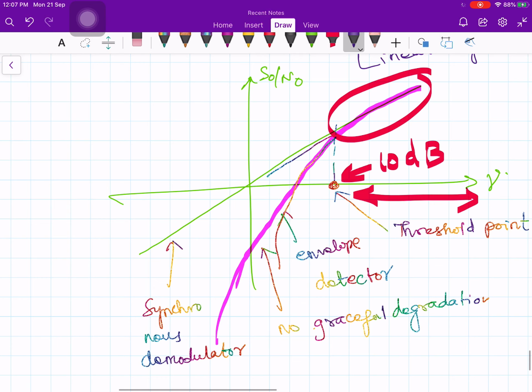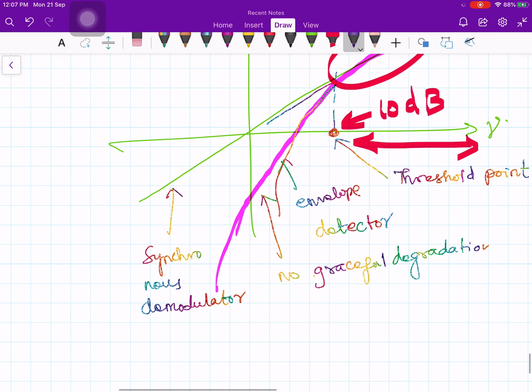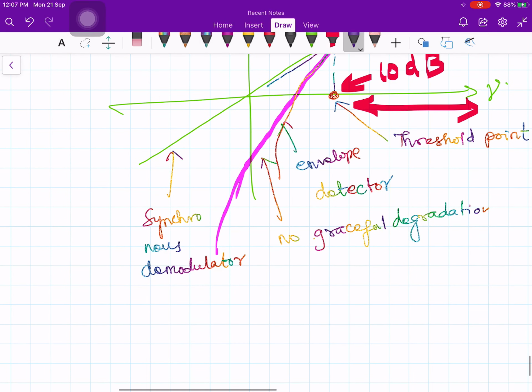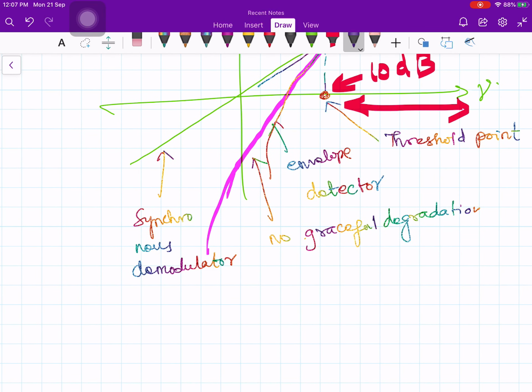A typical acceptable value of SNR in broadcast applications is anyway much larger than 30 dB. In commercial applications, your gamma will typically be much greater than 30 dB. So in an AM system, there is no need to worry much about the threshold value.